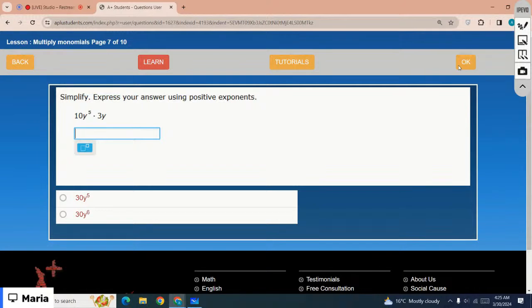The next one is 10y 5 times 3y, which is the correct option. The correct option is 30y6.